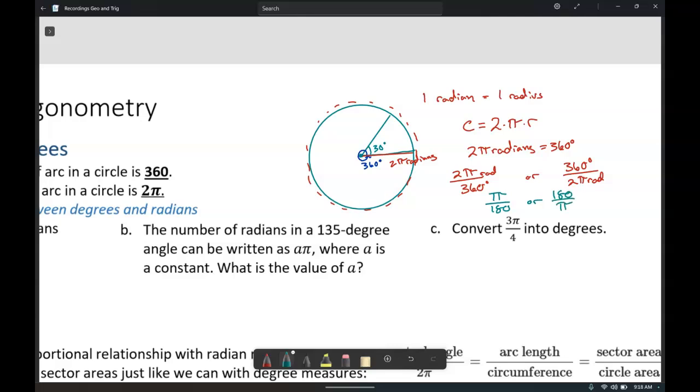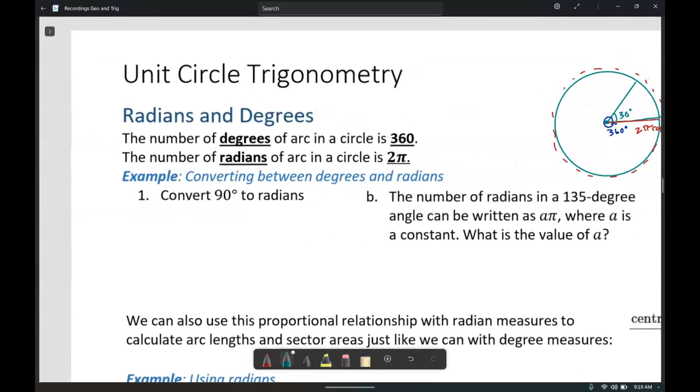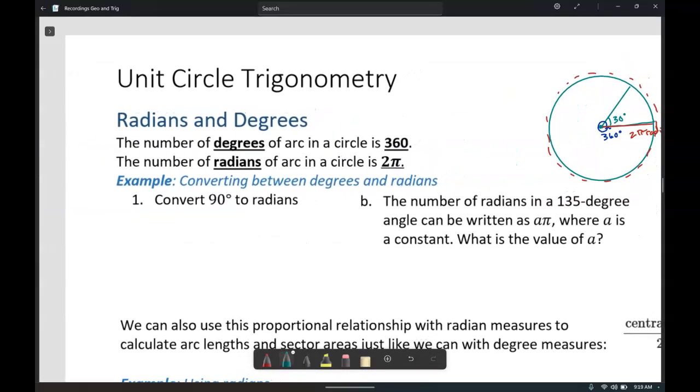So let's take a look at how we can use these in order to convert from degrees to radians or back. Here we want to convert 90 degrees into radians. We're going to start with 90 degrees, and when we're doing unit conversion, we want the degrees unit to cancel out. If we multiply by pi radians over 180 degrees, that gives us the result that we want.